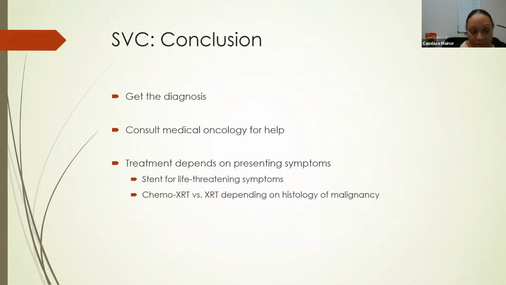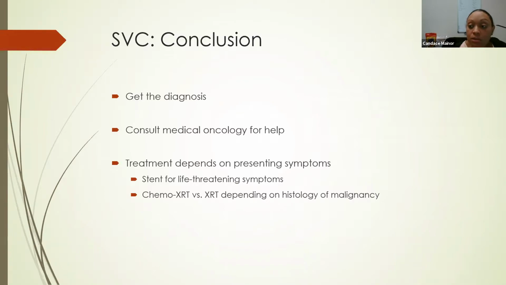So when a patient has SVC syndrome, it's important to get the diagnosis, namely whether the etiology is from a malignant cause or non-malignant cause. And it's important to assess if the patient's symptoms are life-threatening, necessitating urgent stent placement, versus if their symptoms are not life-threatening, you have time, particularly if the etiology is from a tumor, to go forth with the diagnostic workup, including a biopsy and getting the histology of the tumor in order to determine the best treatment for that patient.